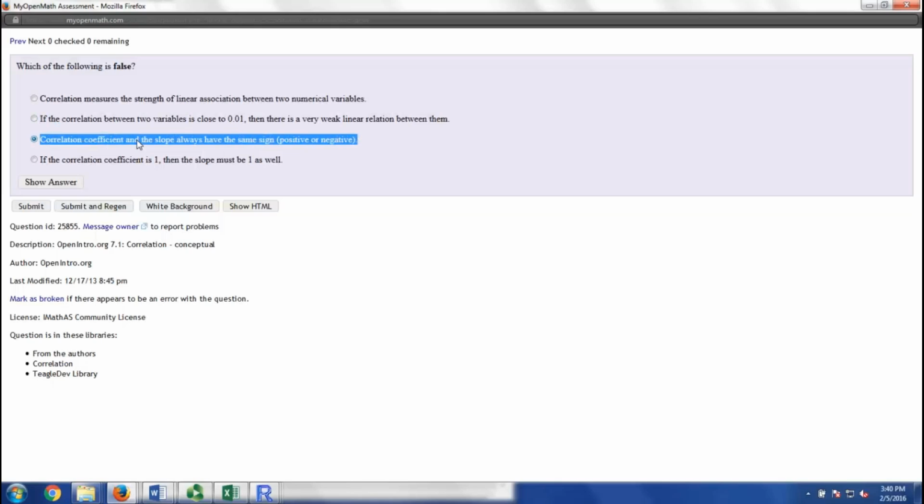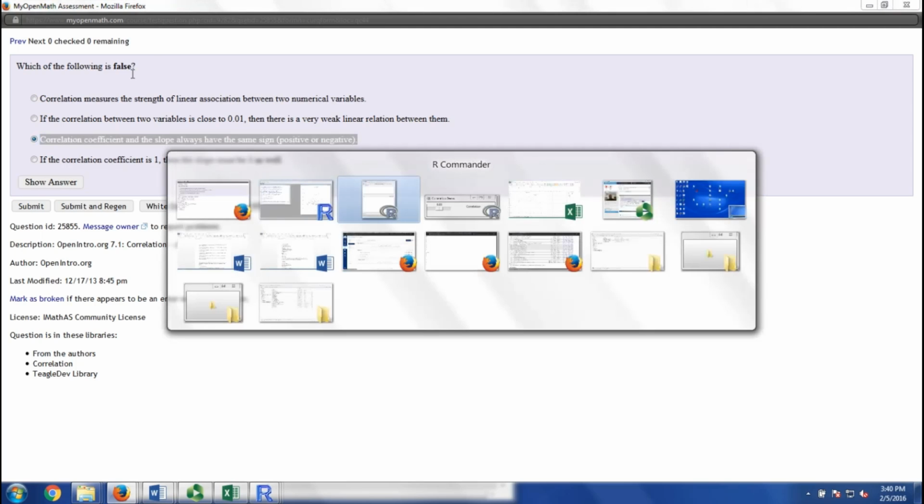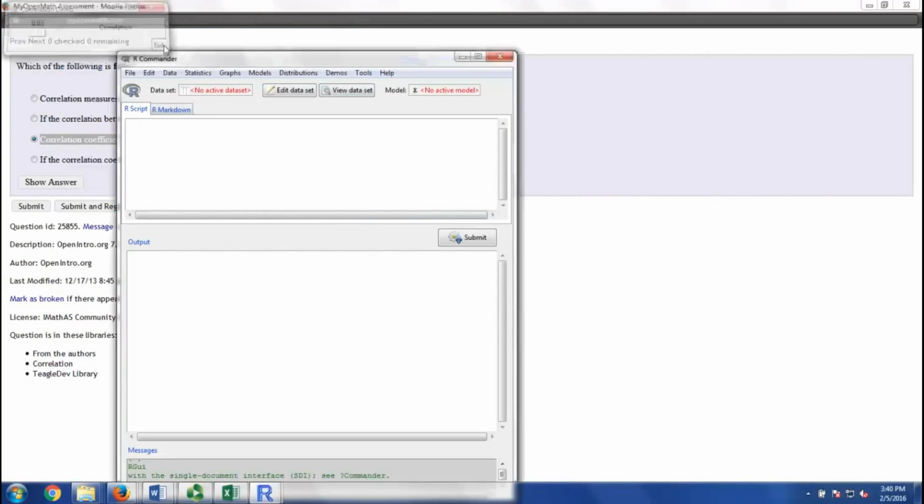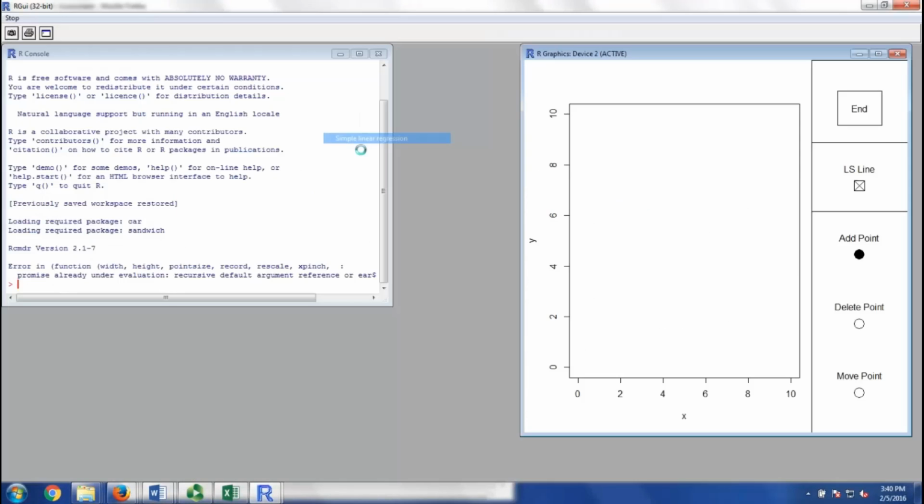Next option. Correlation coefficient and slope always have the same sign, either positive or negative, and that's true. Let's look at the relationship between regression and correlation. Here I've got r equals a very positive 1, and if I add some more points to it, I've got a strong correlation, and the regression slope, you can see, is positive in all of these situations.